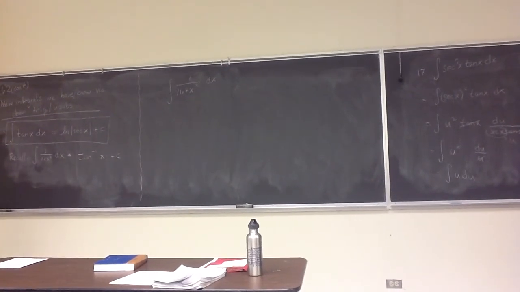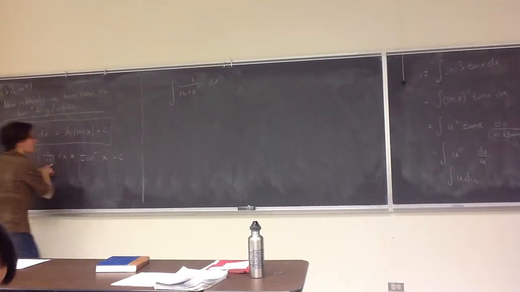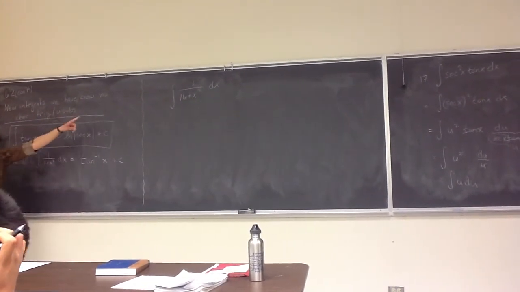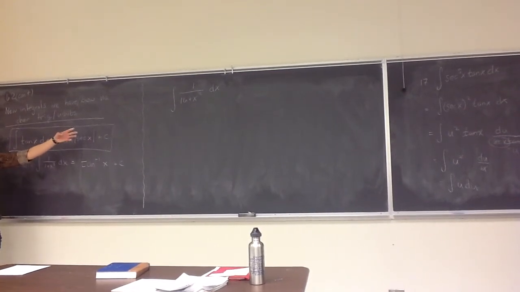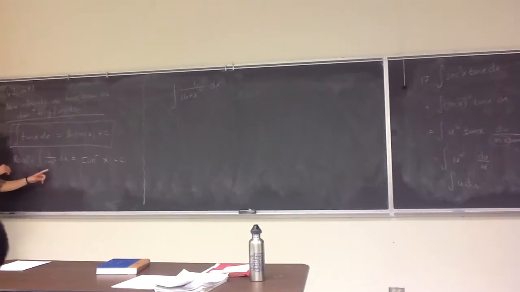All right, well, when I look at this, my immediate thought is 1 over 1 plus x squared. Can I take this guy and morph it into something that looks similar to this guy over here?